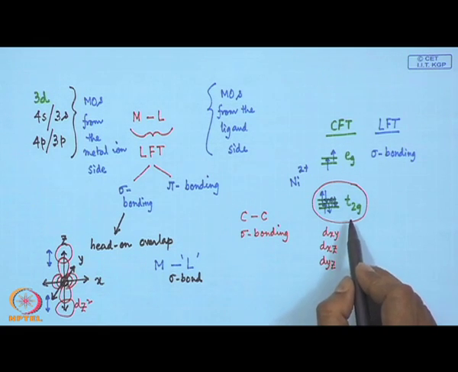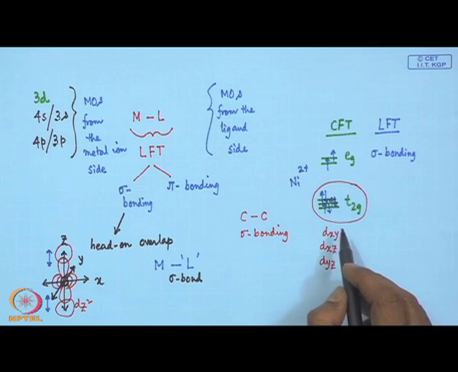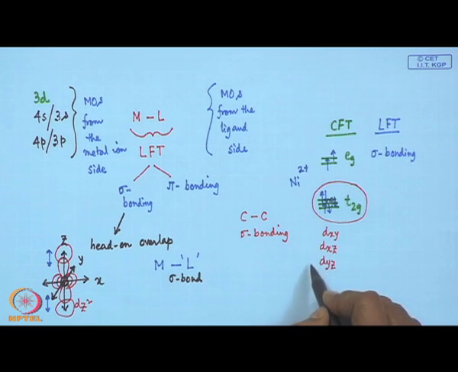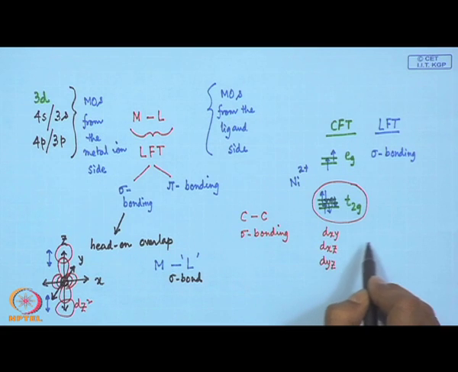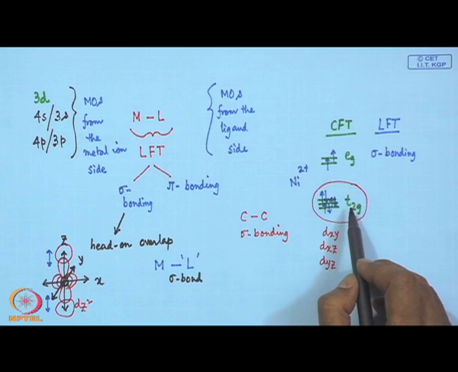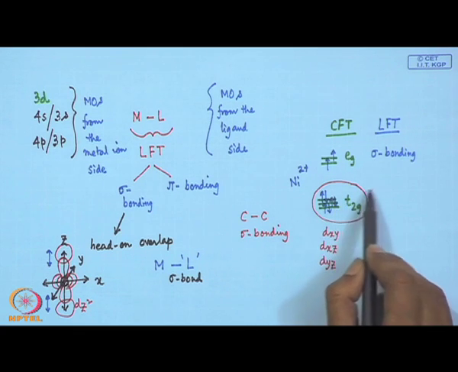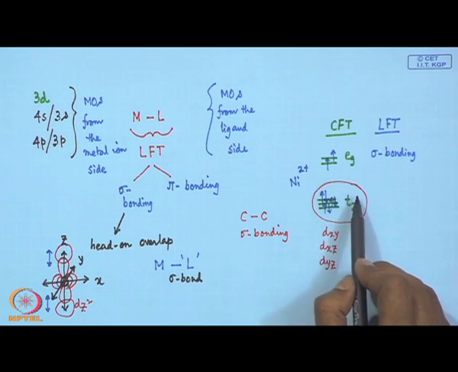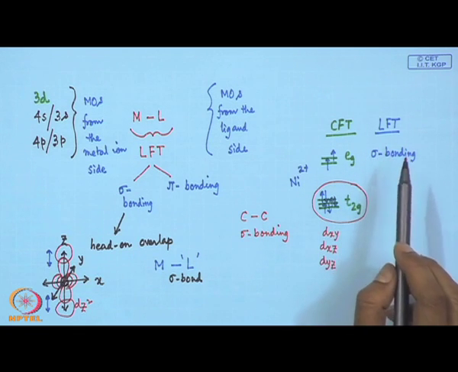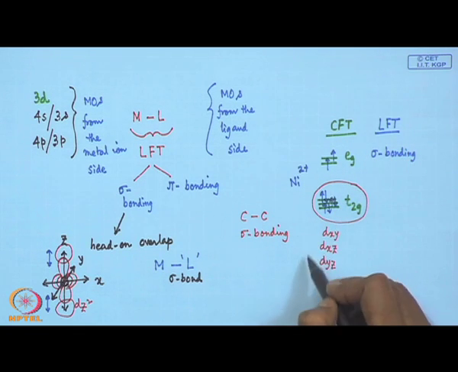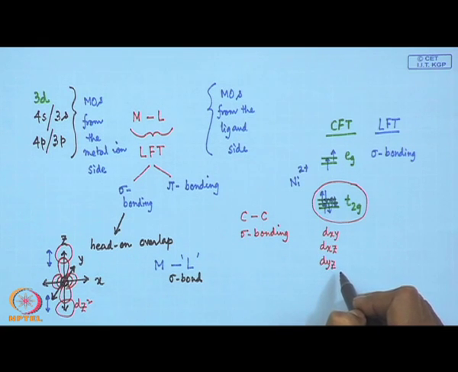Therefore, these T2g orbitals will not show any kind of sigma interaction with our ligand group orbitals or ligand SALCs. These orbitals will be there, but as we will find in the typical molecular orbital diagram for ligand field theory, they will not show any bonding interaction with the available ligand orbitals.